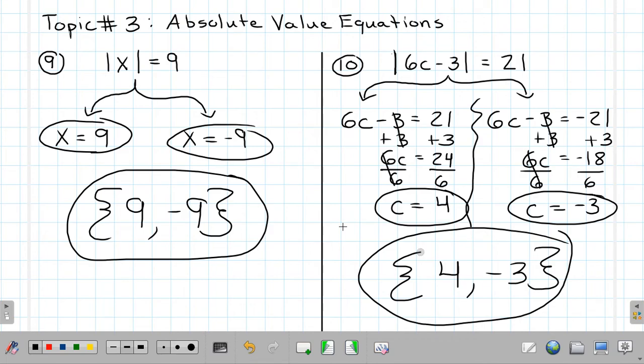Well, there is a case when you can get one answer, and that's when the answer is 0, because it's not a positive 0 and a negative 0. If the absolute value of x is equal to 0, the only thing that has an absolute value of 0 is 0. You can't have a positive and a negative 0.